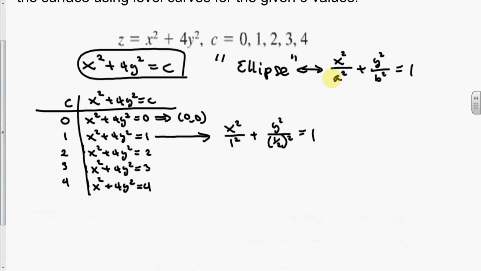Because if I know a squared, then I locate on the x-axis plus or minus a. If I know b squared, I locate on the y-axis plus or minus b. Just draw my ellipse. So here you can identify that your a would be plus or minus 1, your b would be plus or minus 1/2. Let's look at the next one.